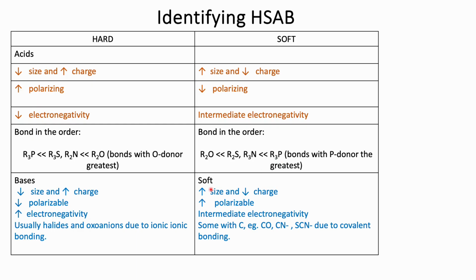In terms of soft bases naman, they should have high size. So, big size, small charge, making them a lot more polarizable. This is your intermediate electronegative atom, such as your carbon. So, anything with carbon on it, such as your carbon monoxide, cyanide, this one is CN, no?